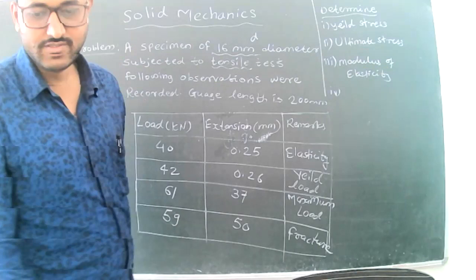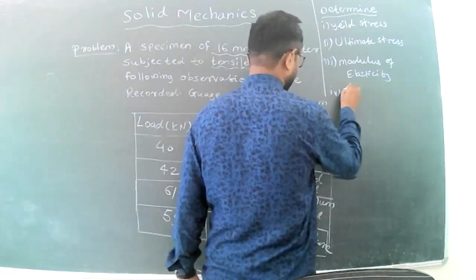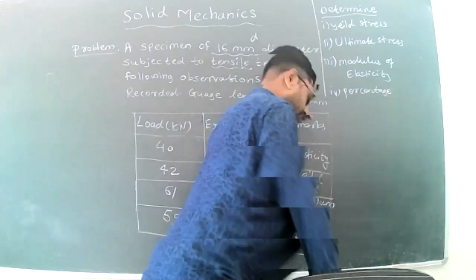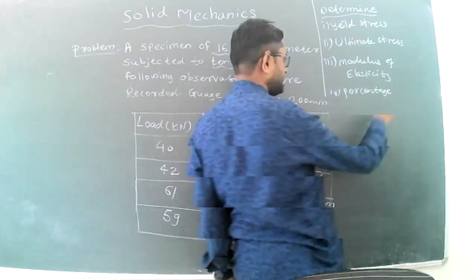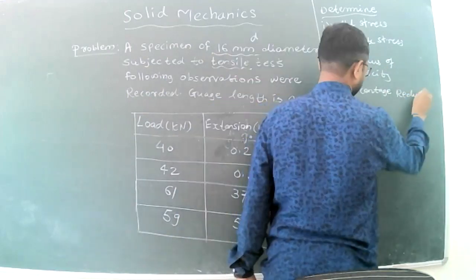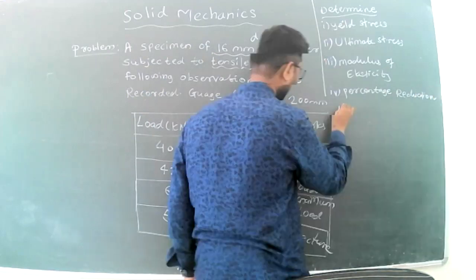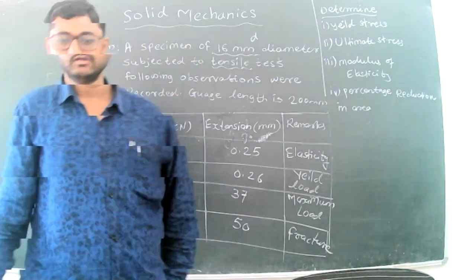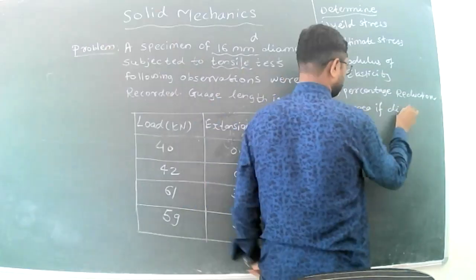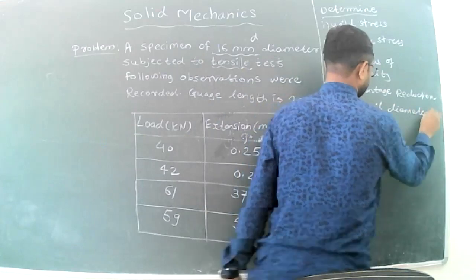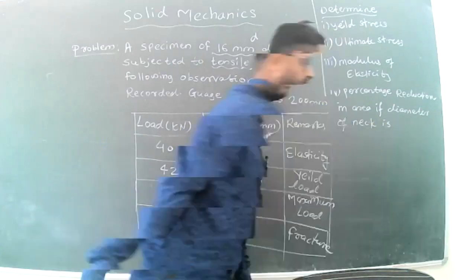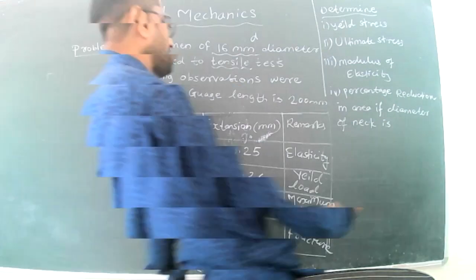And fourth, percentage reduction in area, if the diameter of the neck is 10 mm.